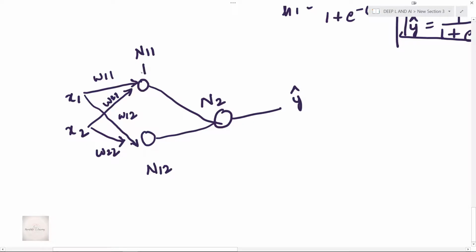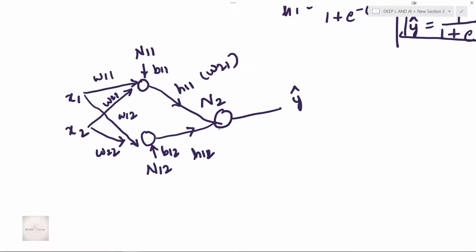I'll call b11 the bias term for the n11 neuron, and b12 the bias term for the n12 neuron. The output generated by n11 I'll call h11, and the output generated by n12 I'll call h12. The weights of h11 I'll call w3, and the weights of h12 I'll call w4.